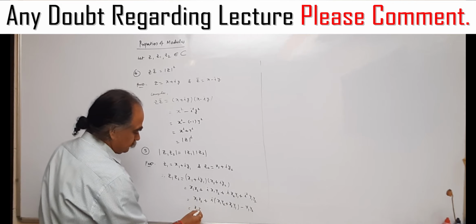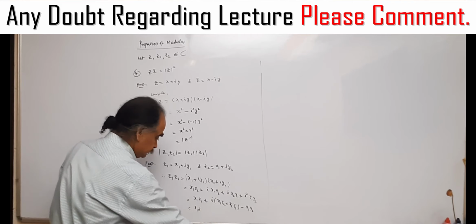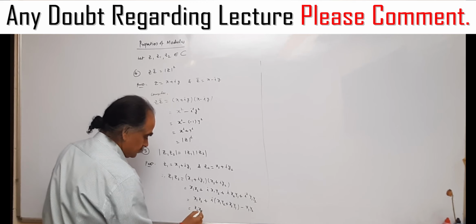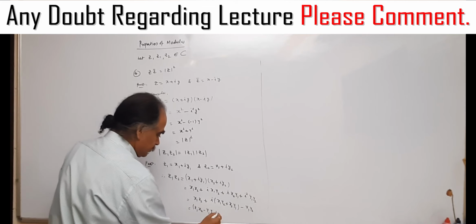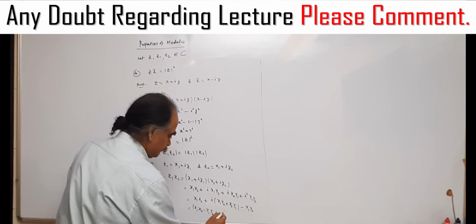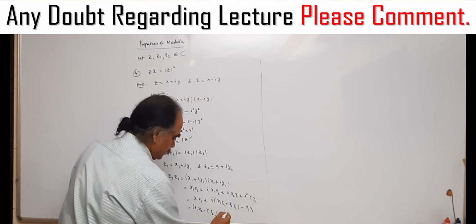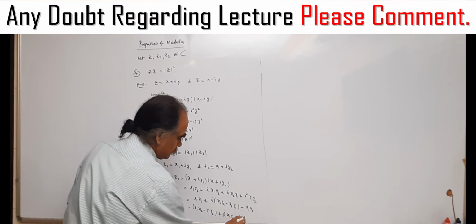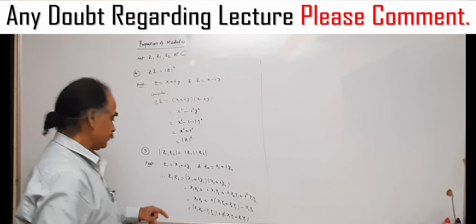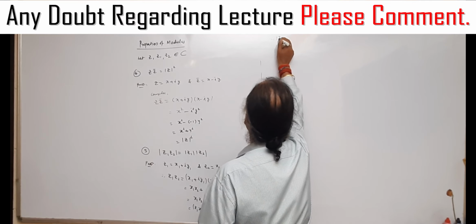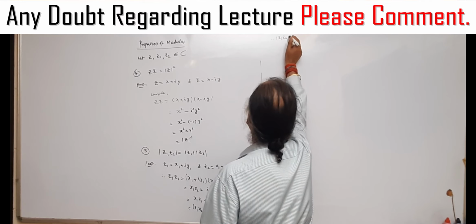Which is x1 x2 minus y1 y2 plus i into x1 y2 plus x2 y1. Therefore, modulus of z1 z2 is what?